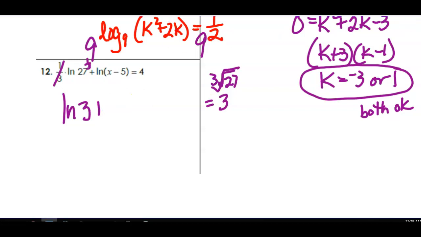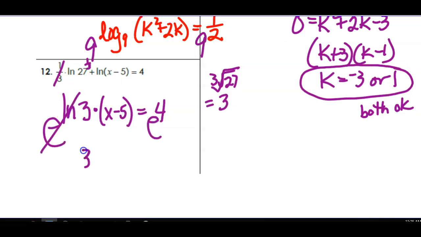Plus means times. Equals 4. So I condensed those. Okay. Now this is e because of the base, or the ln. So we have 3 times x minus 5 equals e to the 4th.